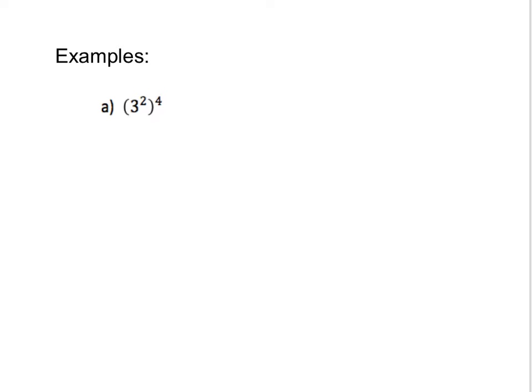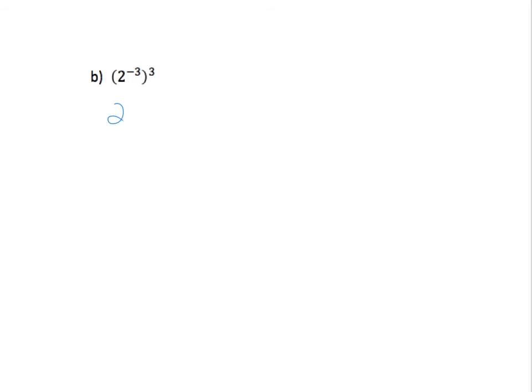So our first example, we have 3 to the second being raised to the fourth power. Our rule says to keep the base, which is 3, and then we're going to multiply the exponents. So we're going to do 2 times 4, which gives us 3 to the 8th power. Here we have 2 as our base, and we're going to multiply negative 3 times 3.